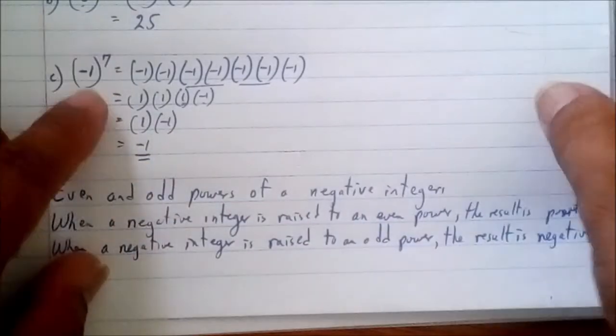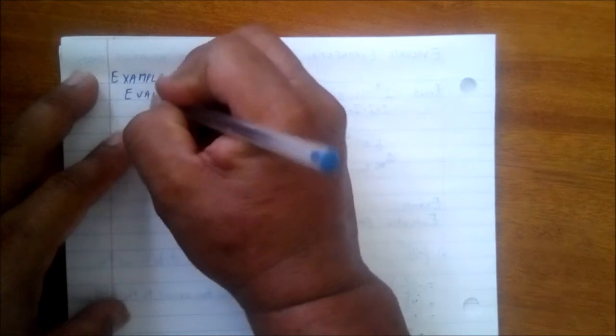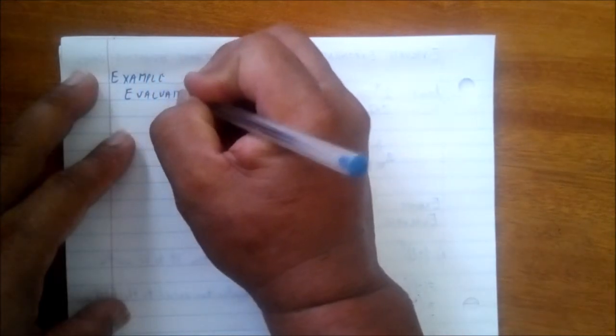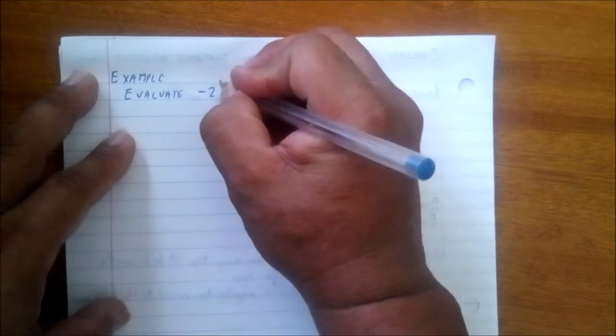So let's try some other examples when negatives are raised to a power. For example, we have here, evaluate negative 2 raised to the power of 4.